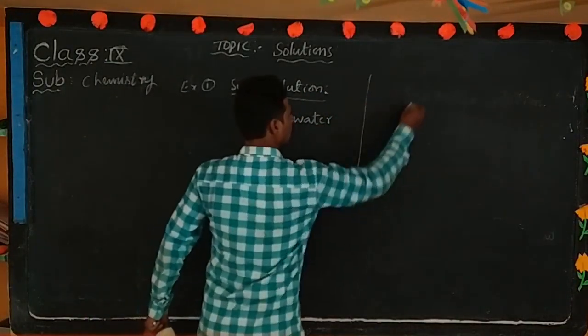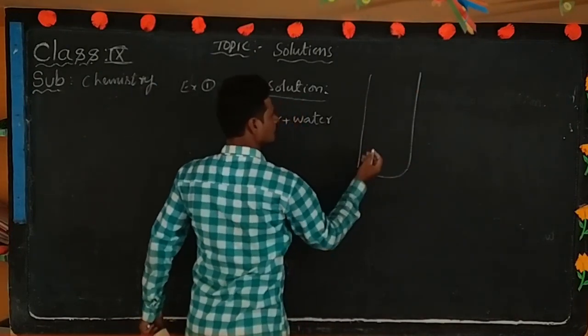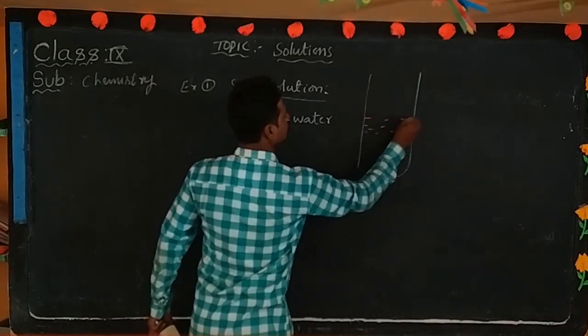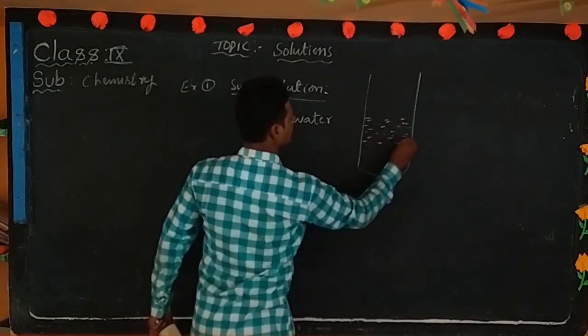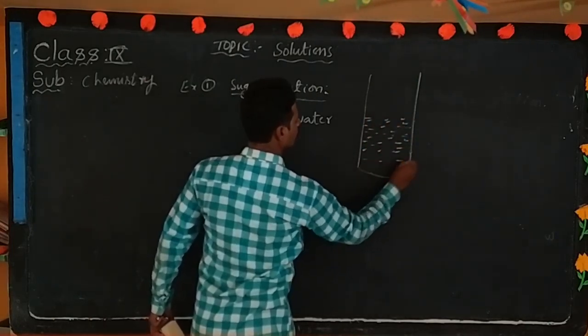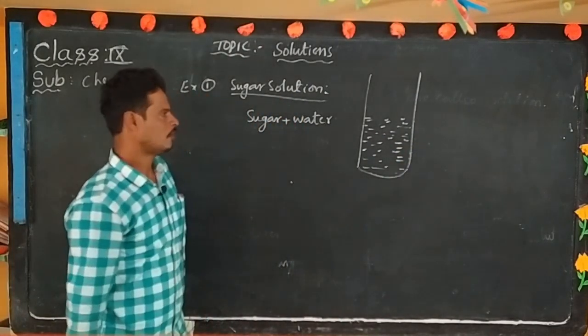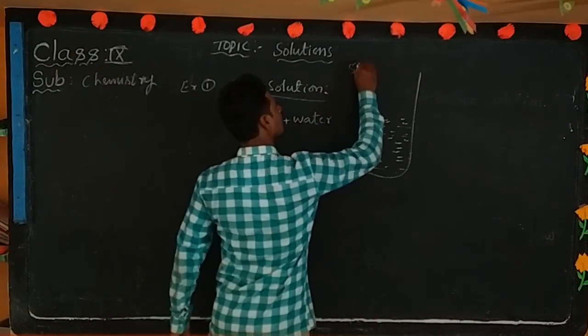Let me take a small beaker, then add some amount of water. Next, 5 grams of sugar is added.